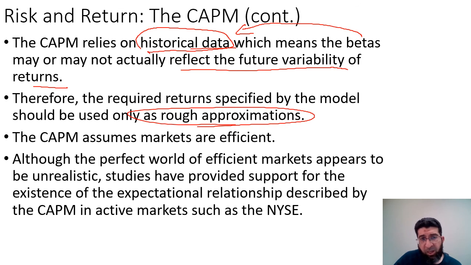We also know that CAPM assumes markets are efficient. However, this is an unrealistic assumption. For a given level of risk, there are different types of mispricing, and mispricing creates a different set of risks and returns. Hence, CAPM provides an expectation relationship.